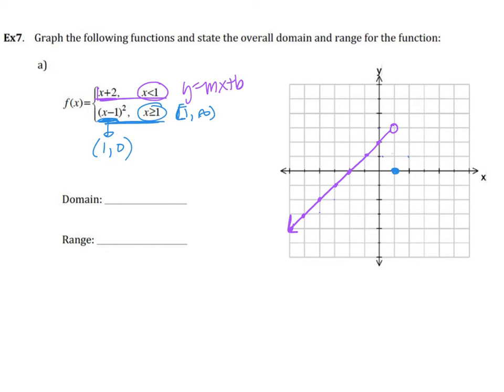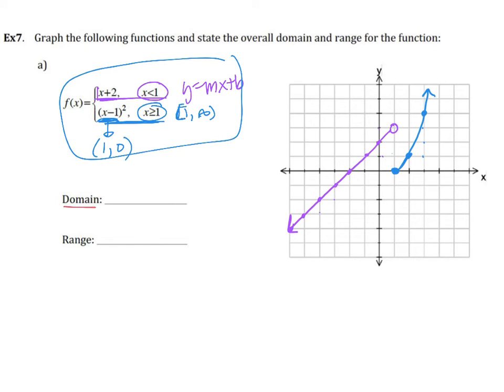So I'm going to go right 1, up 1, right 2, up 4, and I'm going to infinitely open my parabola going to the right infinitely. So this is the piecewise function that represents this function over here on the left-hand side. So that's the graph that represents that function.